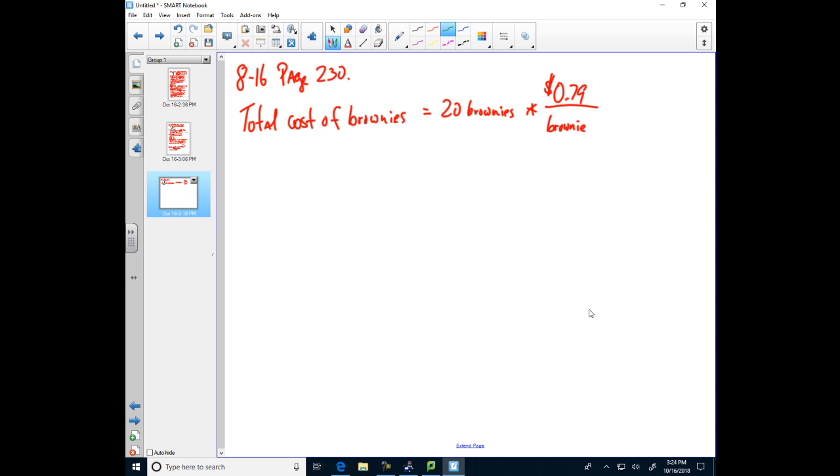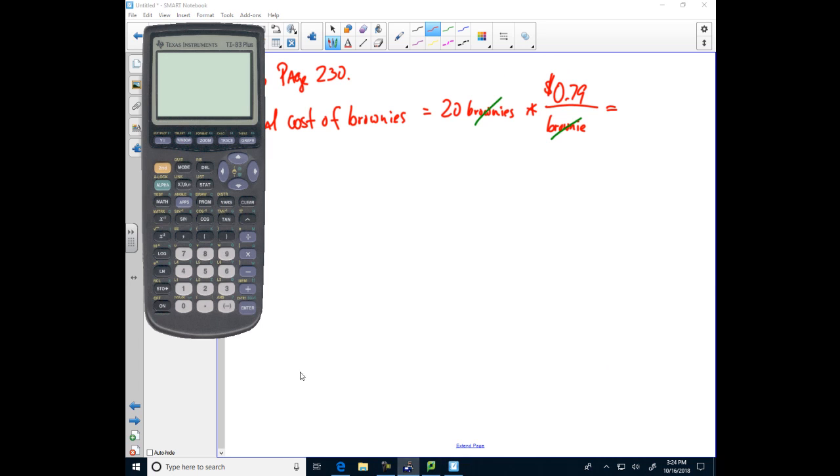I wrote it like that because this is going to cancel out. I'm going to be left with money. So let's see how much that's going to cost us. And this is wholesale. 20 times 79. Y'all get 1580?